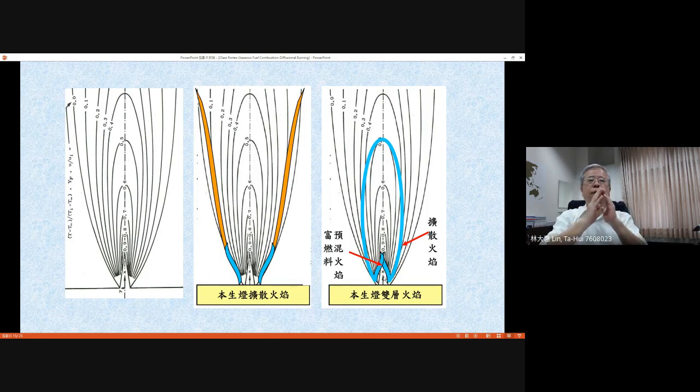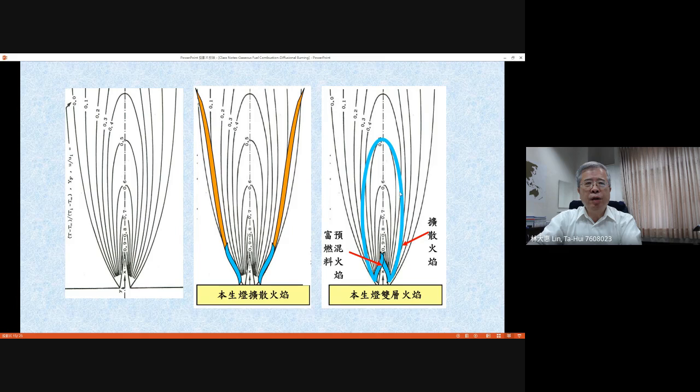It's a small blue flame. But for the rich premixed flame, you have a certain amount of fuel left after premixed burning, in the downstream of your premixed flame. That fuel still has a chance to burn with the oxygen in the surrounding air, right? Then you will produce another so-called diffusion flame.